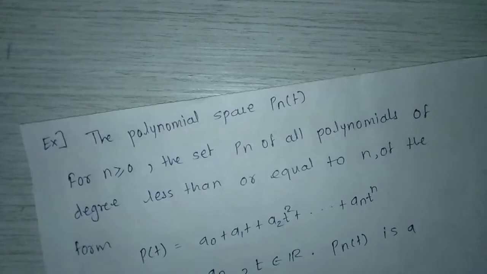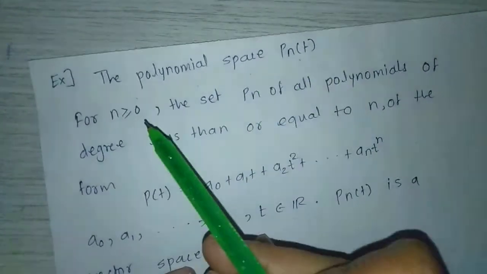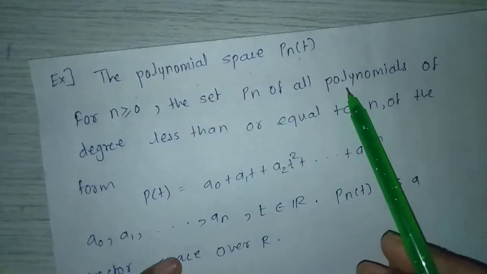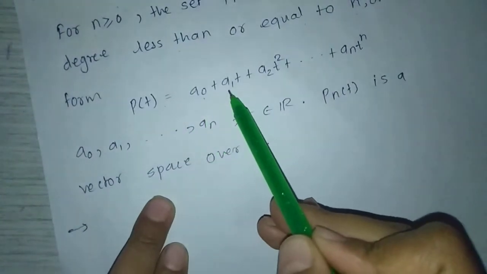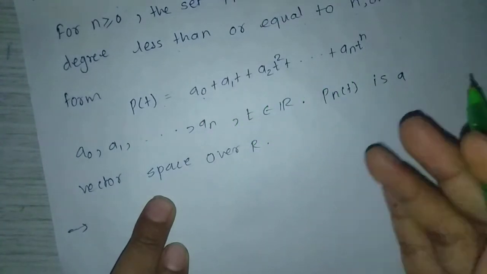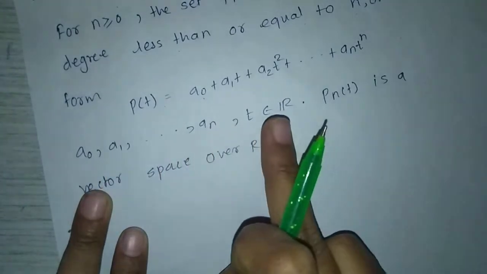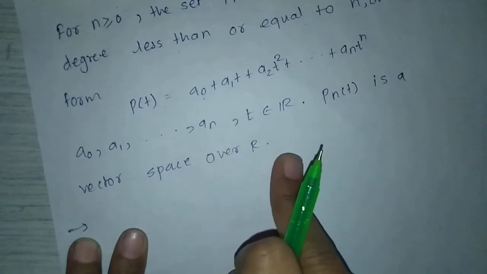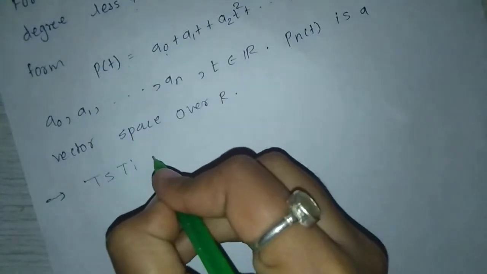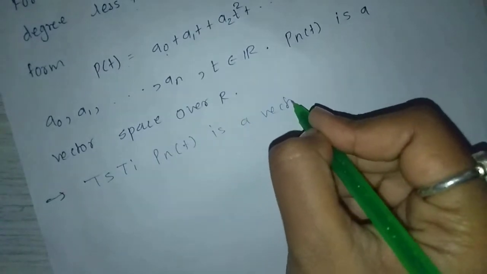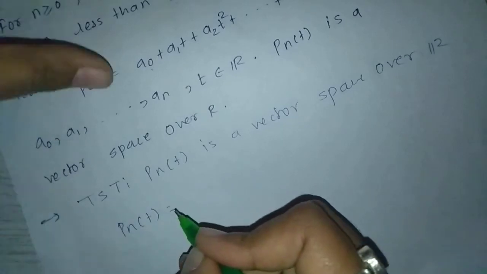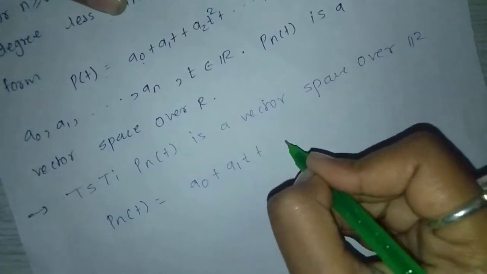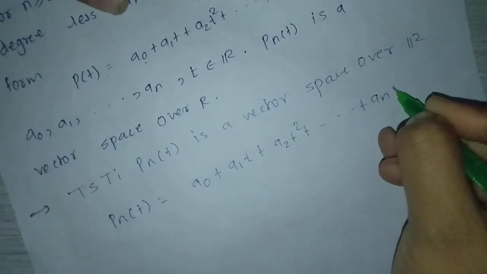Next example. The polynomial space Pn of t, for n greater than or equal to 0, is the set Pn of all polynomials of degree less than or equal to n, of the form P of t equal to a0 plus a1t plus a2t square and so on plus an t raised to n, where a0, a1 and so on, an belong to R. Pn of t is a vector space over R. To show that Pn of t is a vector space over R, Pn of t is defined like this: a0 plus a1t plus a2t square and so on plus an t raised to n.